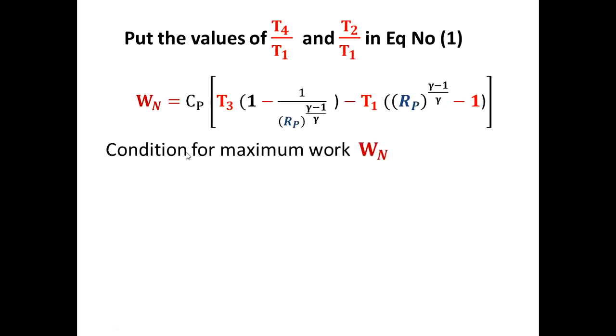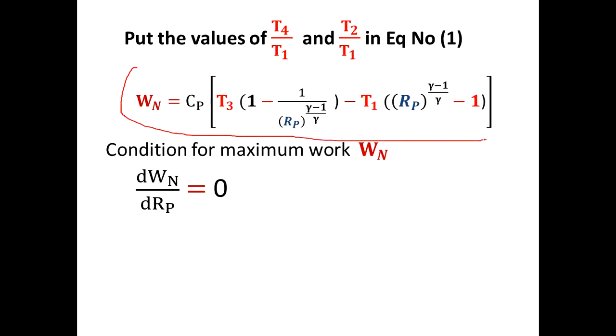Condition for maximum work done: maximum net work means the differentiation of net work with respect to pressure ratio should be equal to 0. You want to differentiate this equation with respect to Rp, and then you will get the answer.